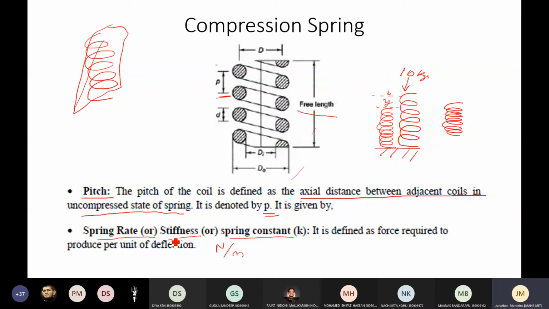It will have some stiffness value. Obviously we are going to give it more stiffness because the loadings vary by a huge amount, and we would not like the load to deflect the spring by a huge amount. Whereas the same vehicle, if you want it to carry people whose comfort of the ride is a major criteria, then you would put less stiff springs. Why? Because you require more action on the suspension. So that is why stiffness is an important criteria when deciding which kind of spring you wish to put for the vehicle.